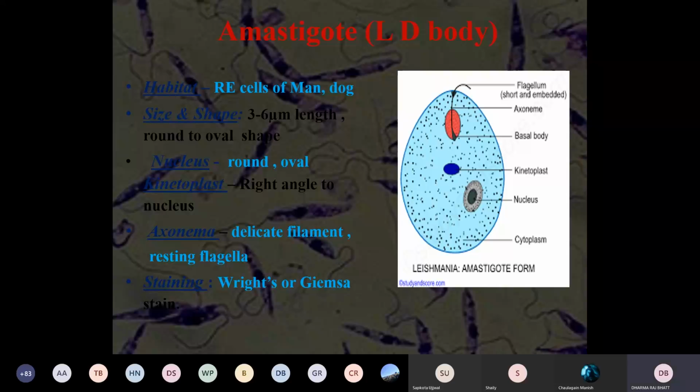The size of the LD body is much larger. You can see around 3. How much is the approximate size of cocci bacteria? Staphylococci maybe. Approximate size. Roughly, we just need a range.